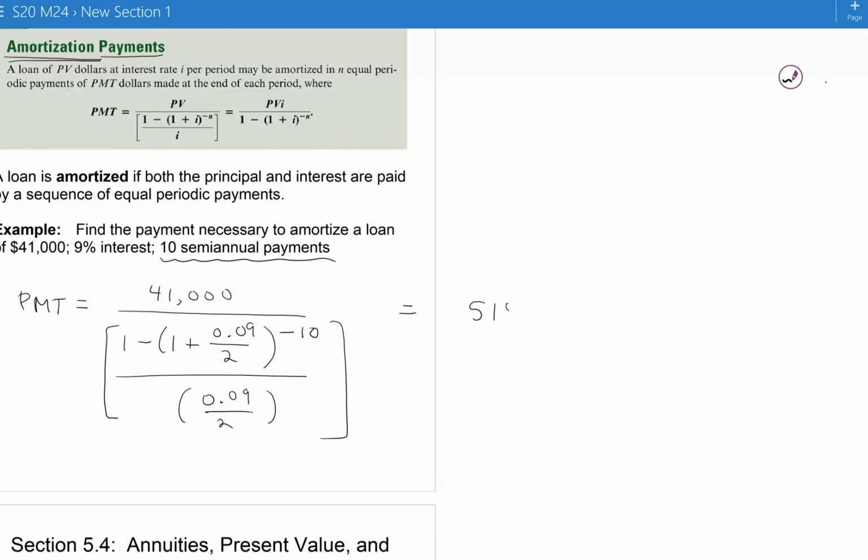And we get 5,181.53 as the amortized payment amount for that loan.